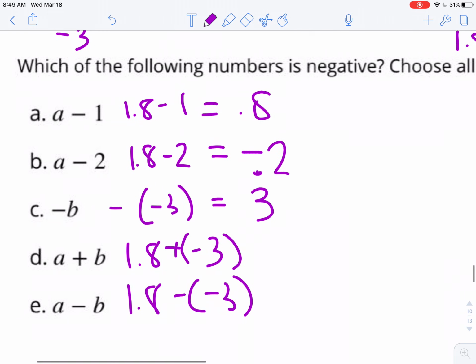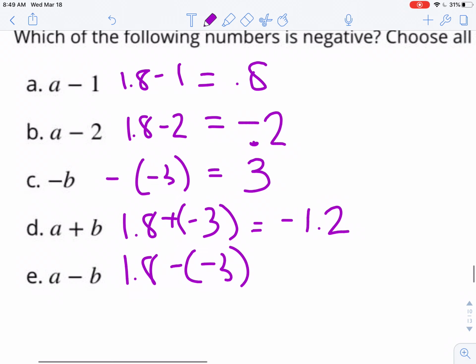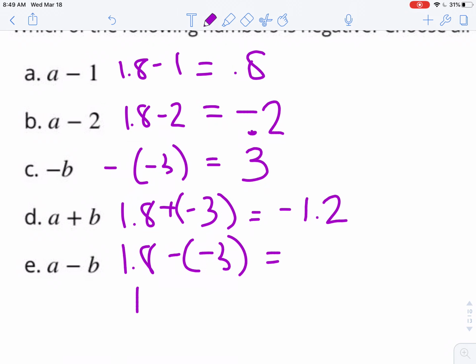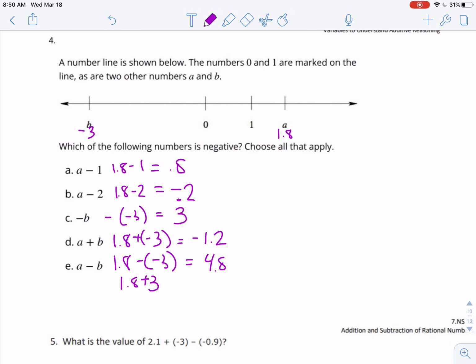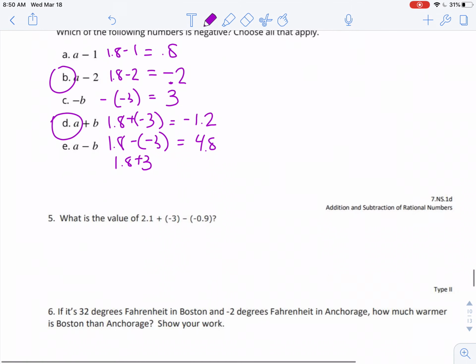That becomes 3 because a negative, that just becomes plus 3. And then this one becomes negative 1.2, because you do 3 minus 1.8, and then it's negative because the negative 3 has a bigger absolute value. And then this just becomes 1.8 plus 3, so that's 4.8. Which ones became negative? This one and this one.